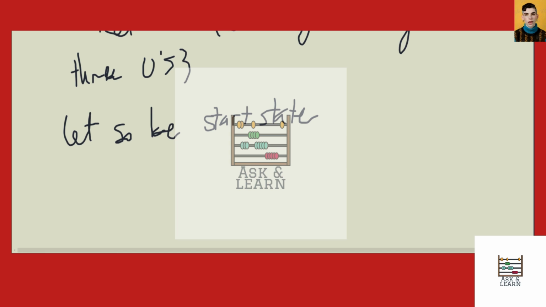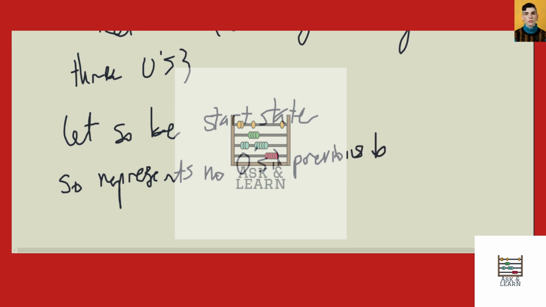Let's consider 3 other states as well. So S0 is going to represent that there were no zeros in the previous bits, if, of course, there were any previous bits.